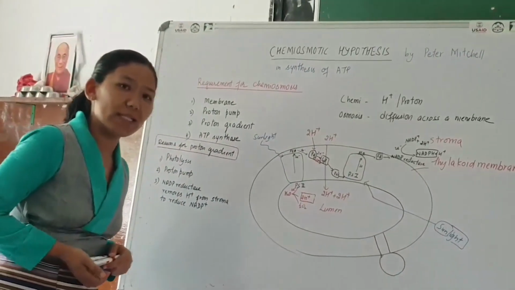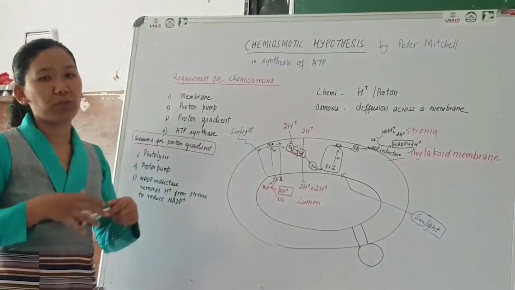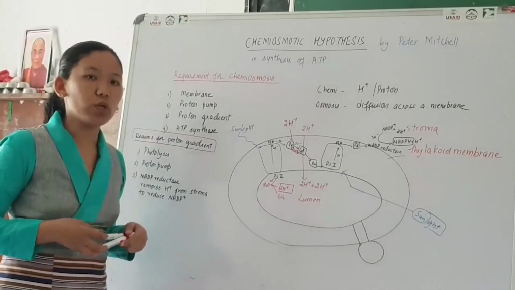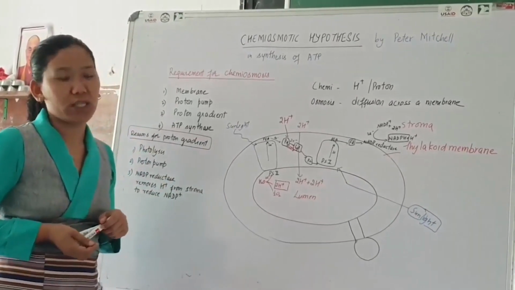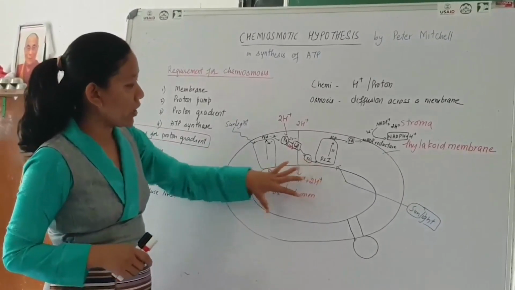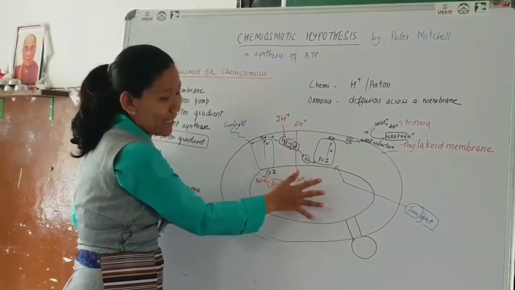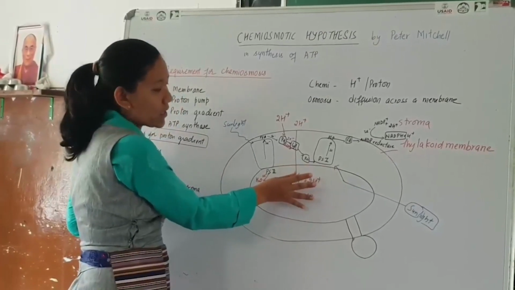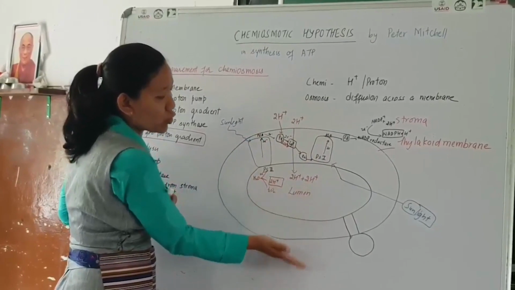Now, of course, it is natural that the molecules tend to move from a higher concentration towards a low concentration region. That we call osmosis. So here there are so many protons accumulated in the lumen, and they have to move towards the low concentration area, that is into the stroma.